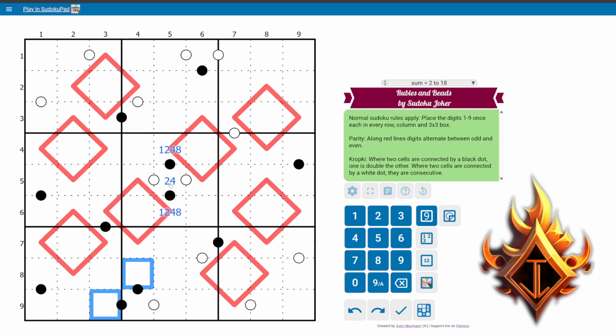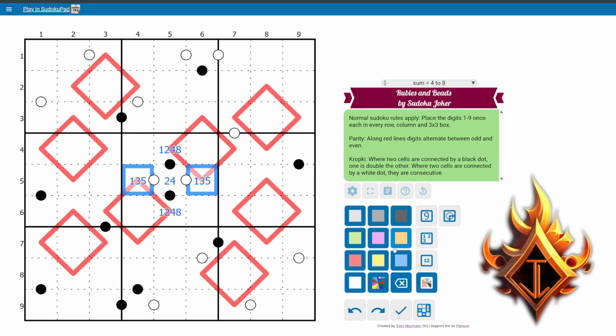But basically this will be 1, 3, 5. This will be 1, 3, 5. So we get some odds here. They alternate, yeah. So those will be odd.